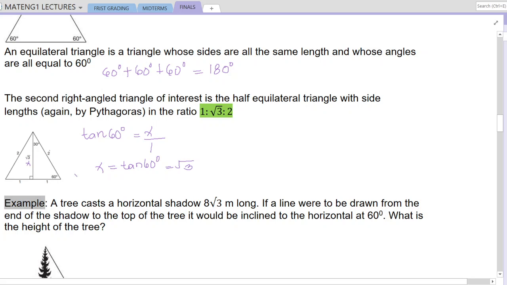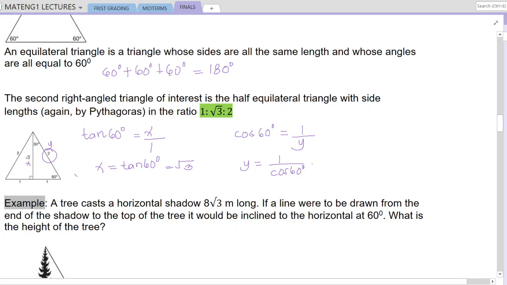To be able to get the value of the hypotenuse, we use cosine. Using cosine of 60 degrees, that is equal to adjacent over the hypotenuse, where adjacent is 1, and the hypotenuse we denote as y. So y is equal to 1 all over cosine 60 degrees.